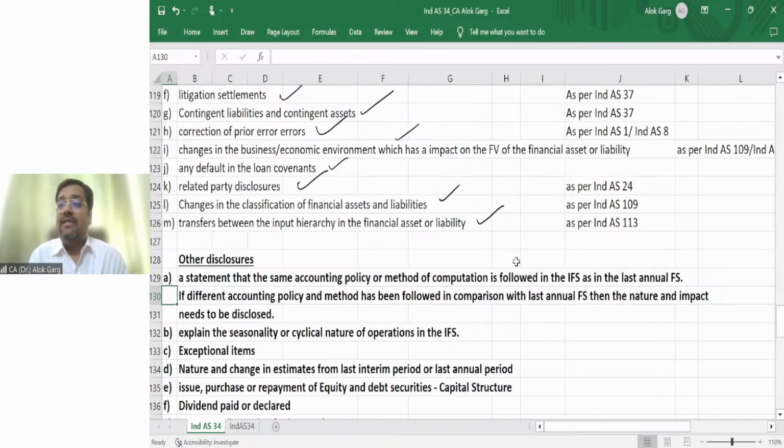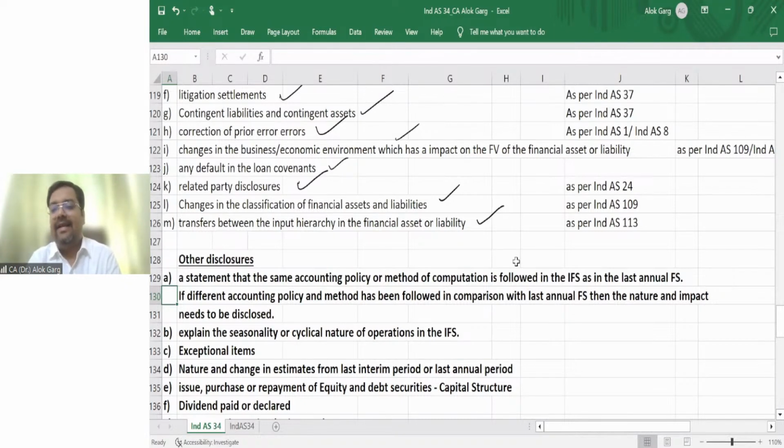The lease standard was applicable from 1st April 2019, the new lease standard. And this new lease standard changed the entire accounting and reporting of leases in the balance sheet. Sir, in that case, what happens? I cannot say that my accounting policy of this quarter is the same as the last annual accounting policy.